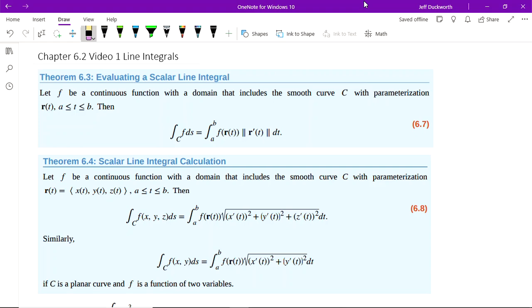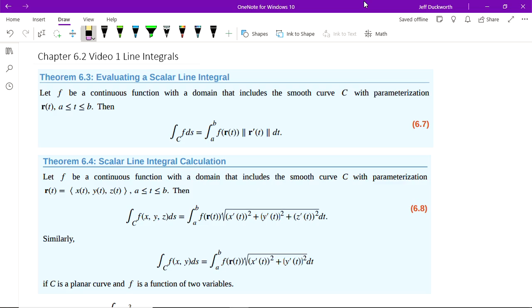All right, chapter 6.2 deals with line integrals. What a line integral can do is let us integrate multivariable functions in vector fields over curves on a plane or even in space.